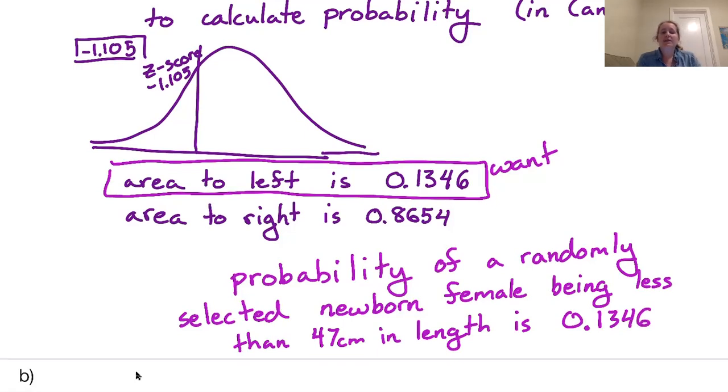So that's the basic idea for calculating probabilities. Again, this calculator tells us both the area to the left and the area to the right.